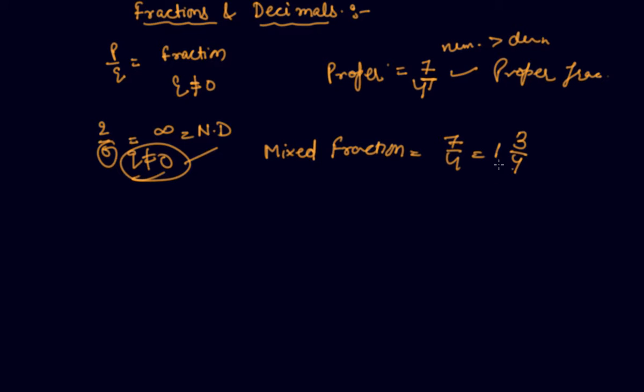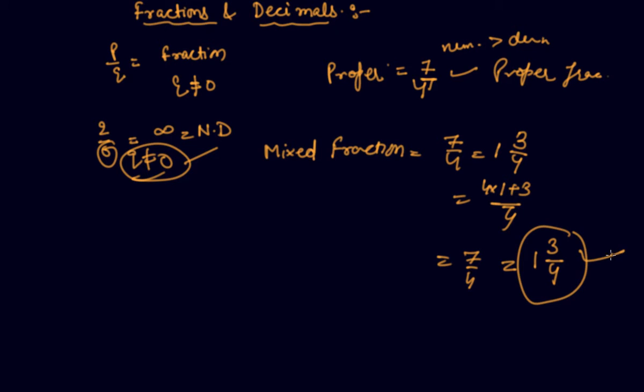I hope you know how to find this. So 4 into 1 plus 3, so this will become 4 into 1 plus 3 upon 4. So this is again 7 by 4. This is simply a conversion of an improper fraction into a mixed fraction, in which I will write the fraction as 1 and 3 by 4.